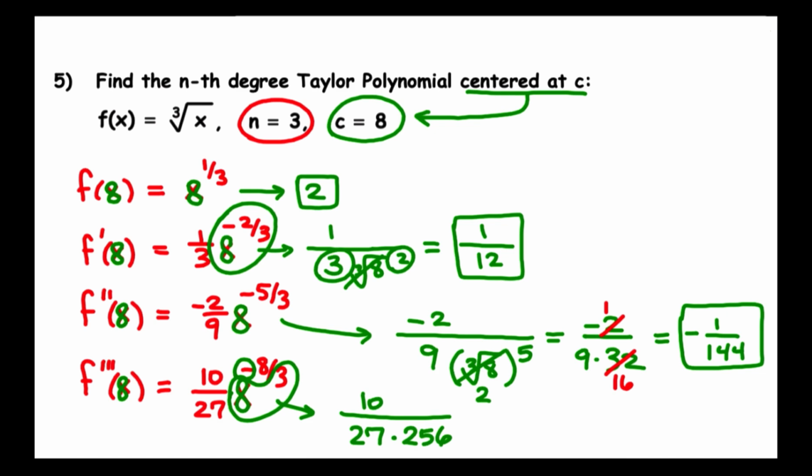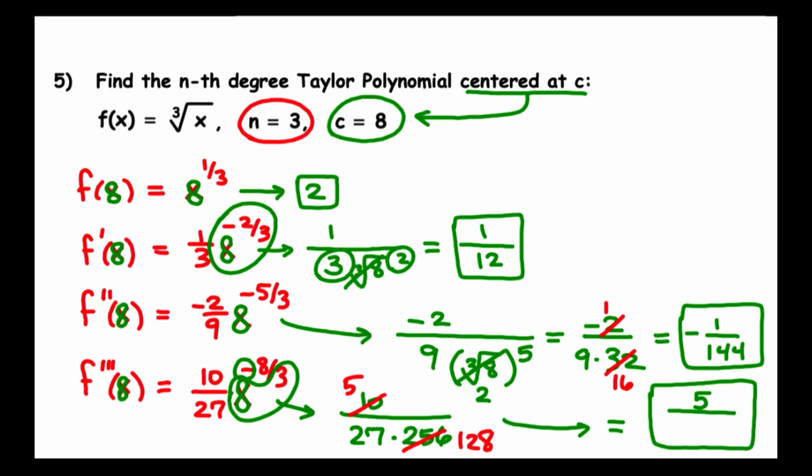I can, again, cut that in half. Half of 256 is 128. I'll be right back. I'm going to go grab my calculator. And this makes me so happy. 27 times 128 is 3456. It's kind of cute.